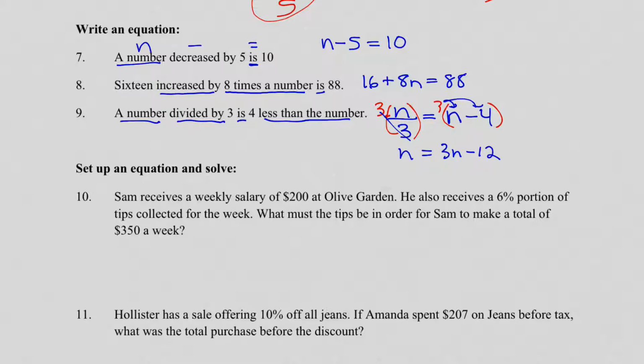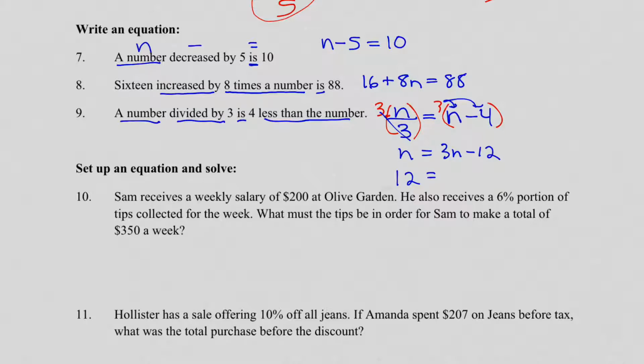And then we want to move the variables to one side. And what I can do is move this 12 to the left. So we can say negative 12, if I move it to the left side, when I cross that equal sign, now it's positive.